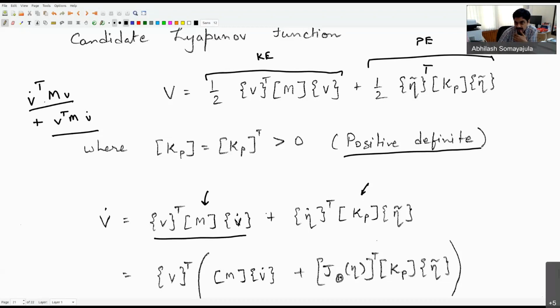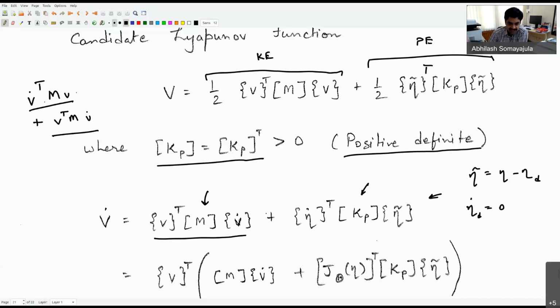Is everybody following me? Yes, sir. Similarly, since I'm assuming Kp is also symmetric, I can do the same for the eta case. Here, the derivative eta d dot will be 0, so I'm left with only eta dot, because eta tilde is eta minus eta d, and eta d dot is presumed to be 0 since I'm looking at set point regulation for now.